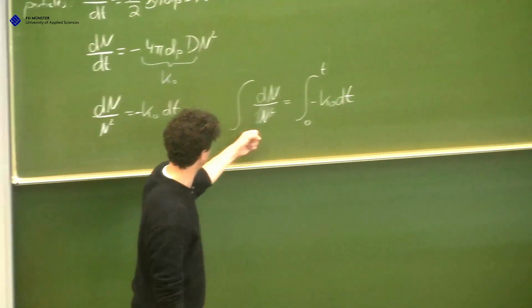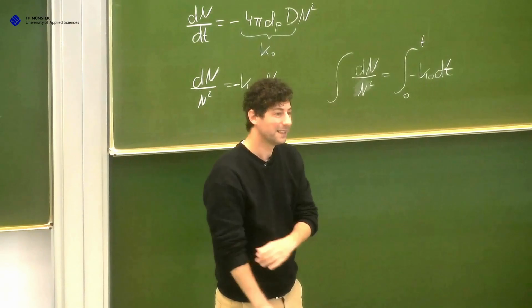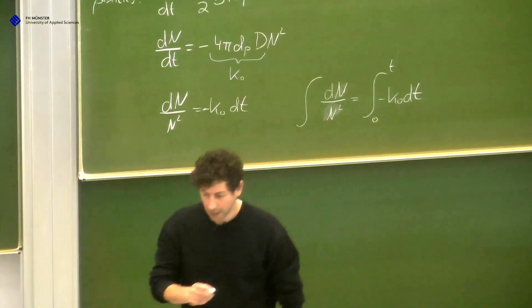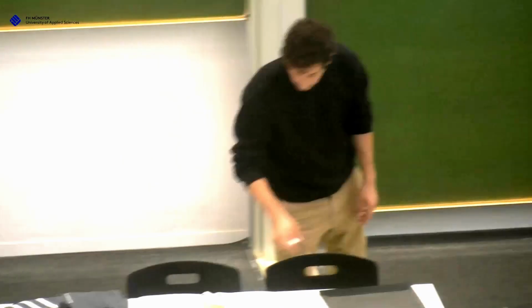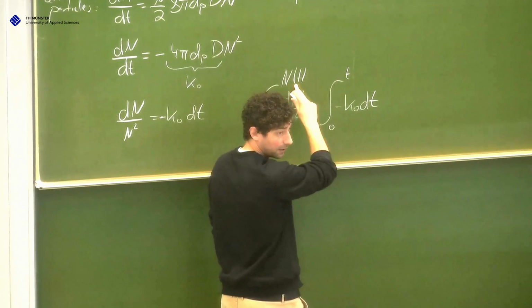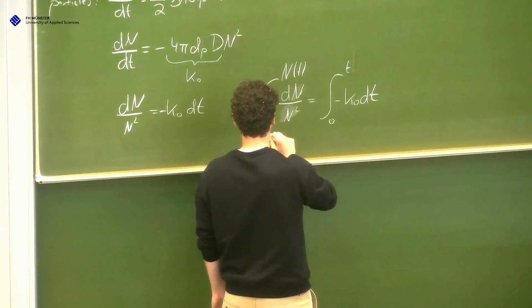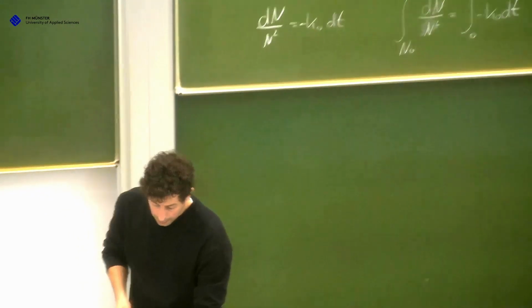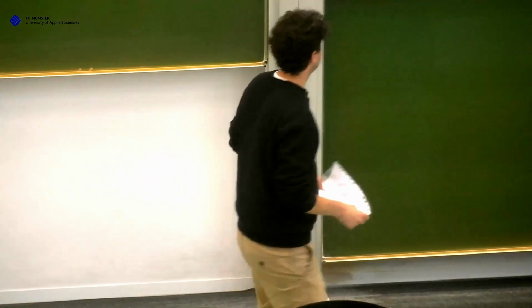How is it here? Yeah, so it's from, I'd call it different. I have it from n at t, right? There is a number, and we have a starting concentration n0.